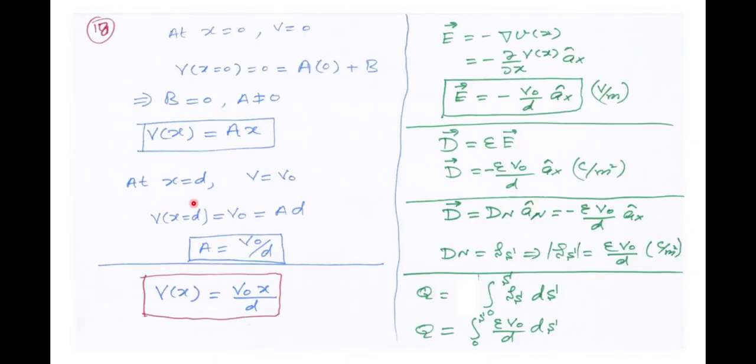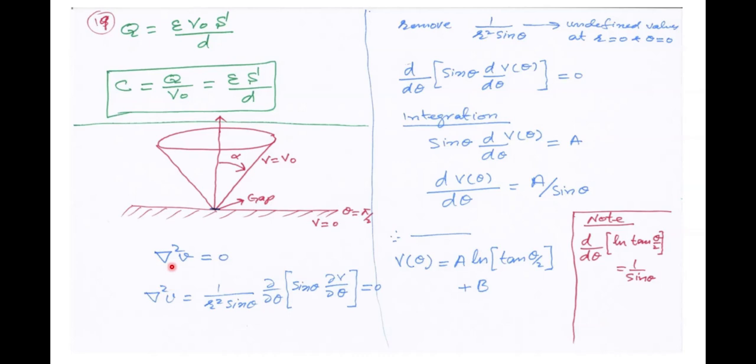So del squared V equal to 0, we only consider the second term of del squared V, which is 1 upon r squared sine theta partial by partial theta into sine theta partial V by partial theta equal to 0. If you look at this term 1 upon r squared sine theta, for r equal to 0 and theta equal to 0, this produces an undefined value. So remove this factor from this differential equation.